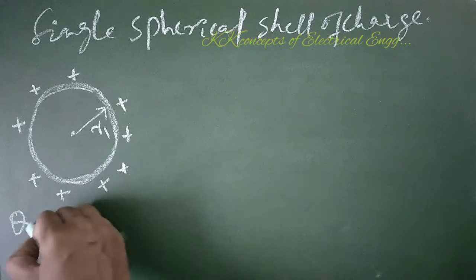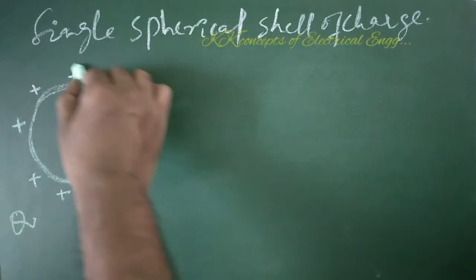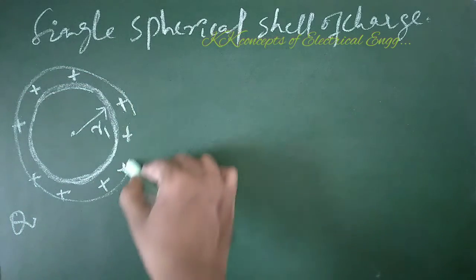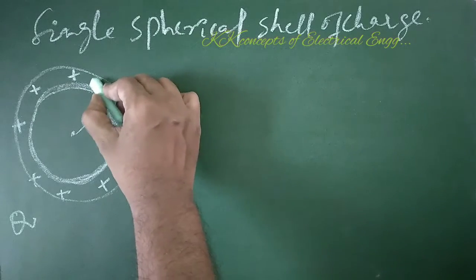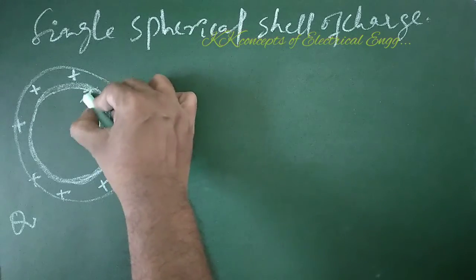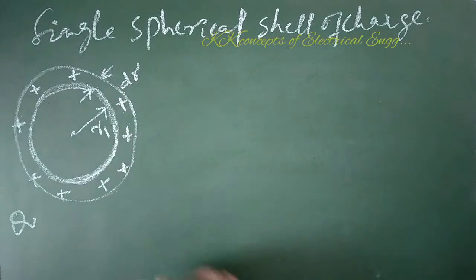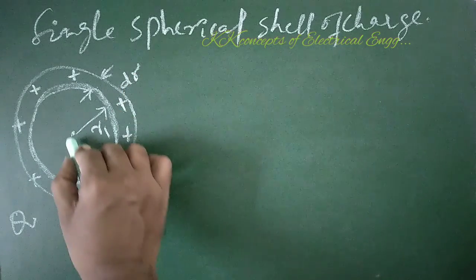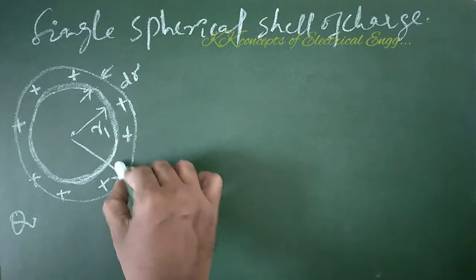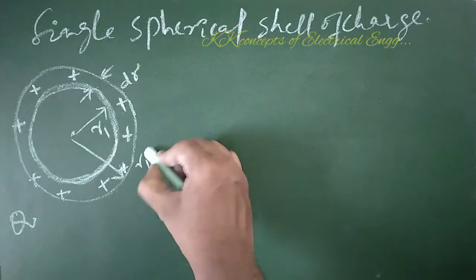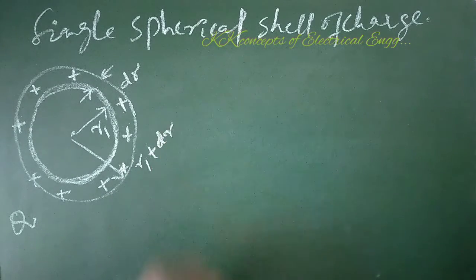Total charge is Q. Imagine this radius is dr. The total radius is r1 plus dr.